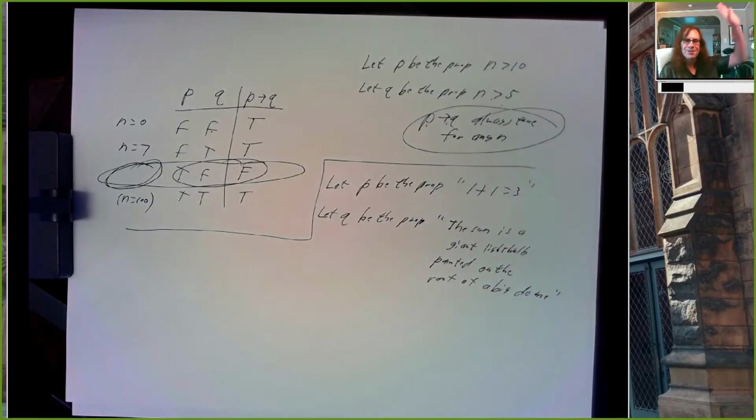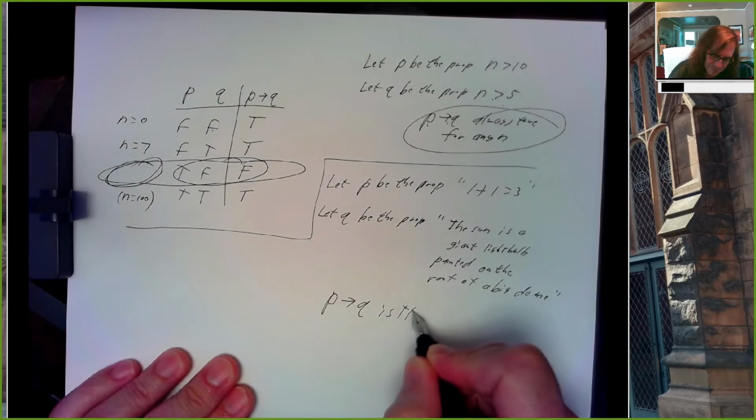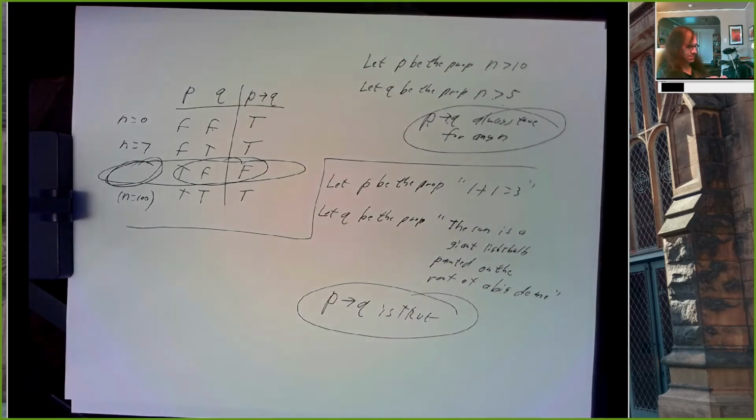So the Star Trek thing where you climb the mountains and touch the sky. This is a true statement. If 1 plus 1 equals 3, then the sun is a giant light bulb painted on the roof of a big dome. That is a true proposition.